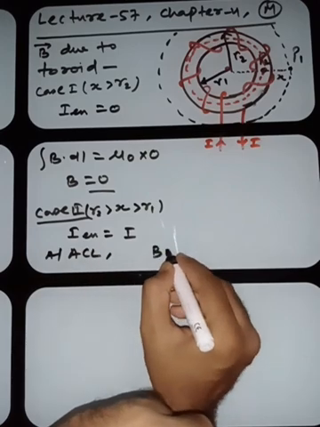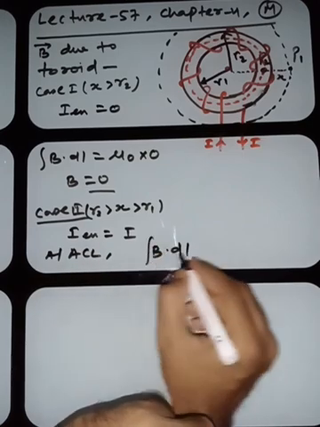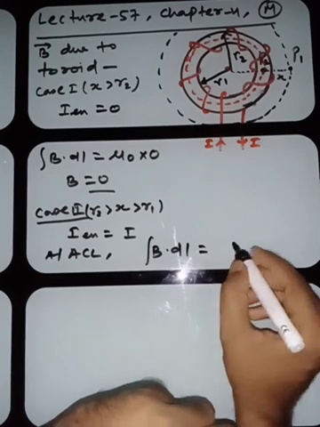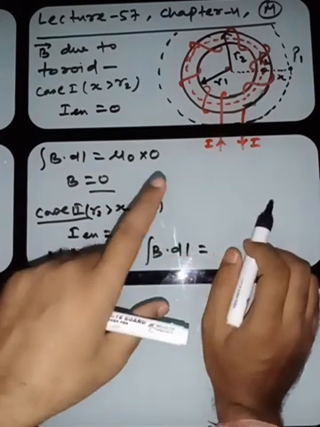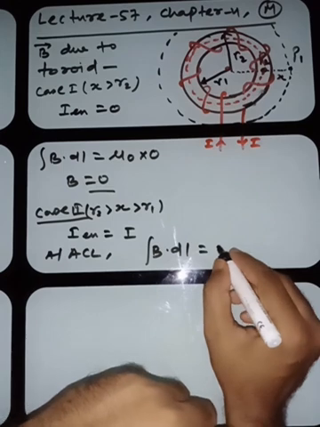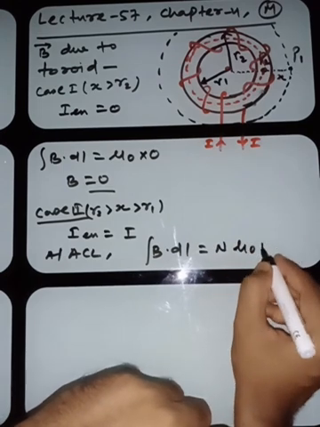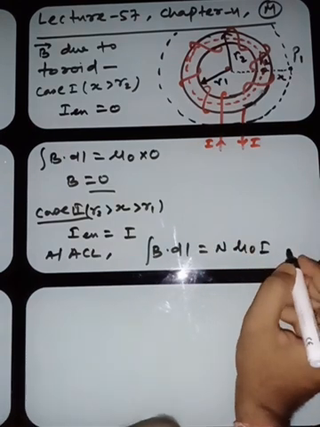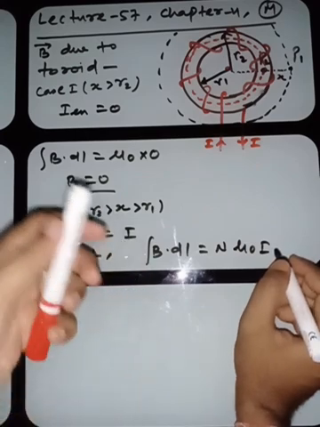Now using Ampere's circuital law, we can write B dot dl equals, since the coil has the number of turns n, n times mu naught I enclosed. I hope you understand, my dear students.